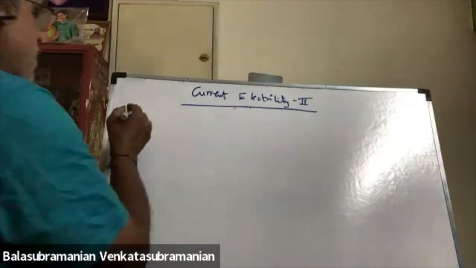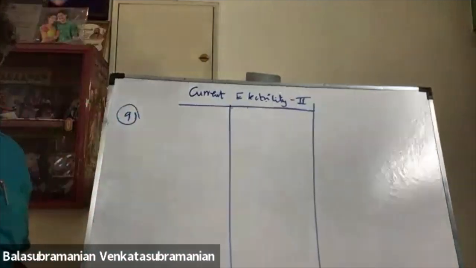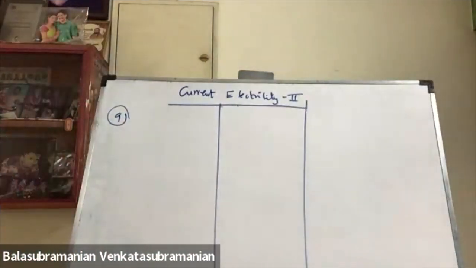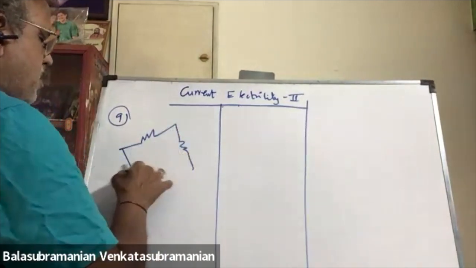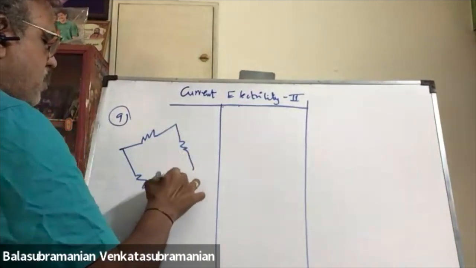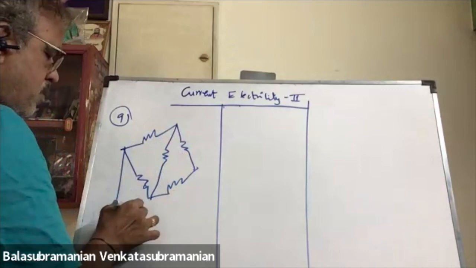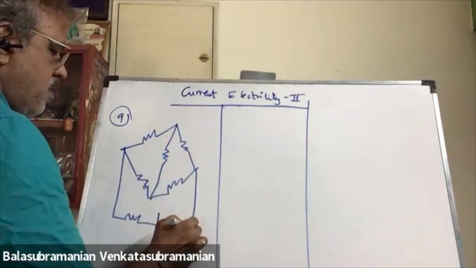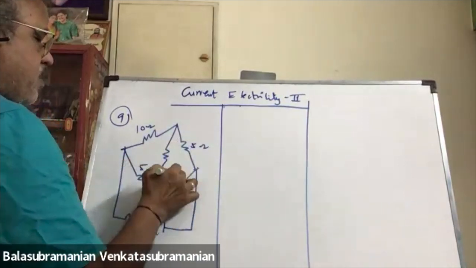Problem number 9. Determine the current in each branch of the network as shown. 10, 5, 5, 10, like a Wheatstone network.